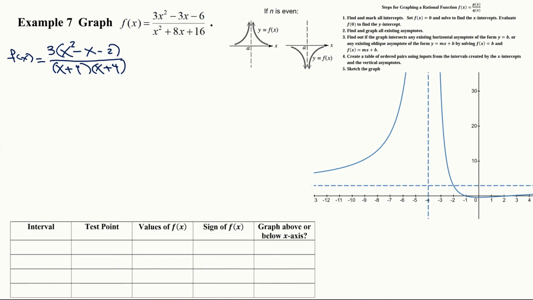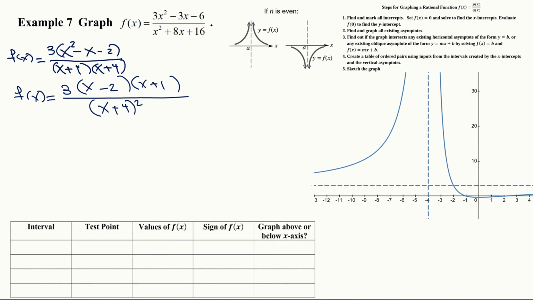So notice we get f of x equals 3 times, let's go ahead and factor this trinomial. So it looks to me like x minus 2 times x plus 1 should be a good choice. We'll make sure first times first is first, last times last is last. Inner and outer products add up to the middle term. So we've done it correctly. And down below we have x, quantity x plus 4 squared.